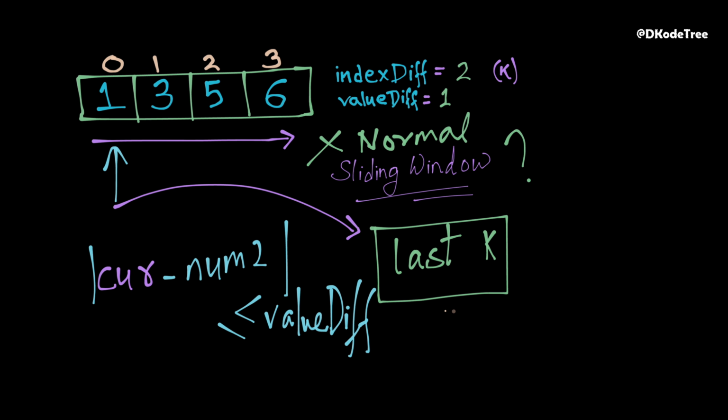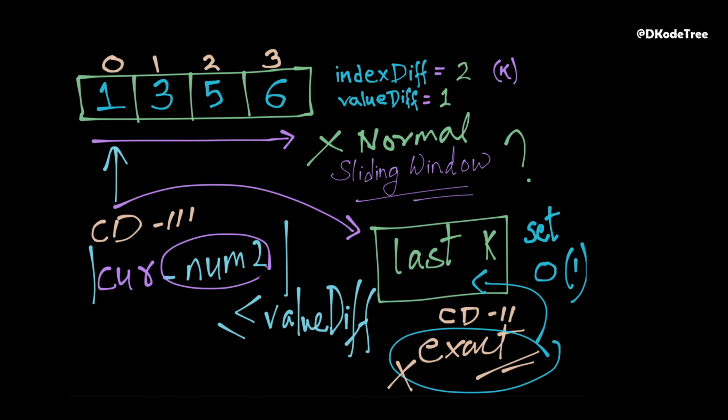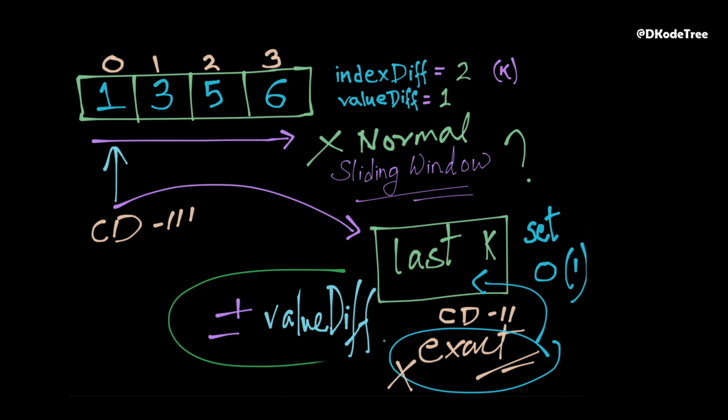And here's why. In Contains Duplicate 2, we were only checking for exact duplicates. This meant we could have simply used a set for the sliding window and then checked the existence of the exact duplicates in the set in O(1) time. But here in Contains Duplicate 3, we are not looking for an exact match. Our target can be any number with the difference of plus or minus value diff.